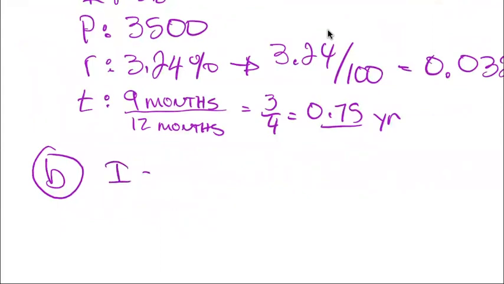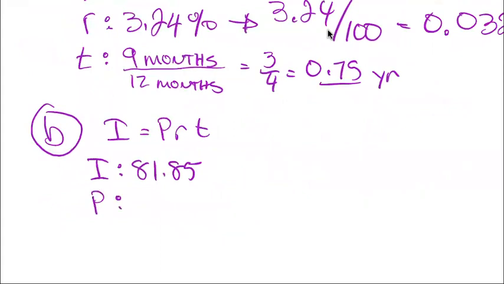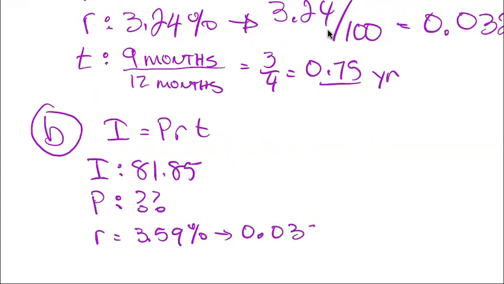I is equal to PRT. I know my interest was equal to 81.85. I know my principal was what we were looking for. My interest rate was 3.59%, which as a decimal, is 0.0359.